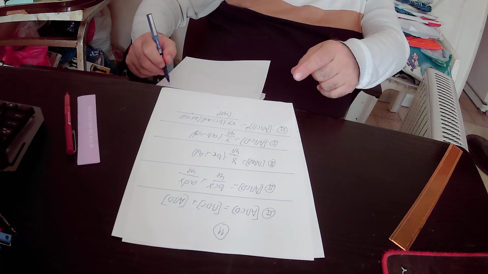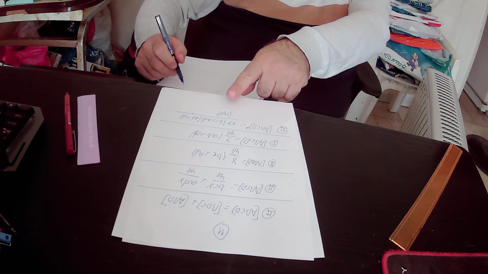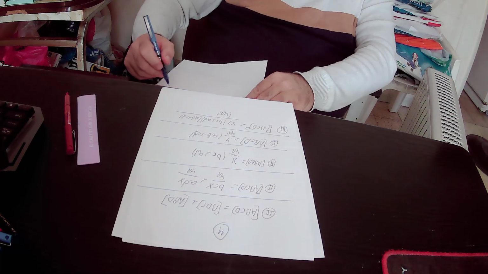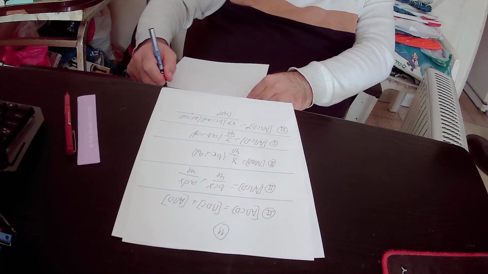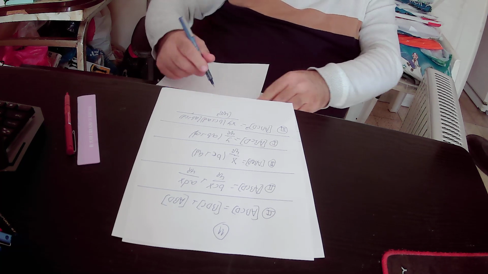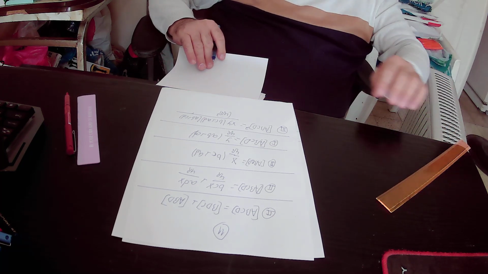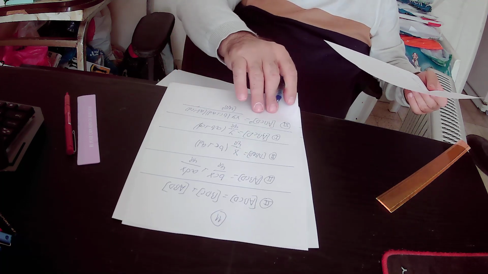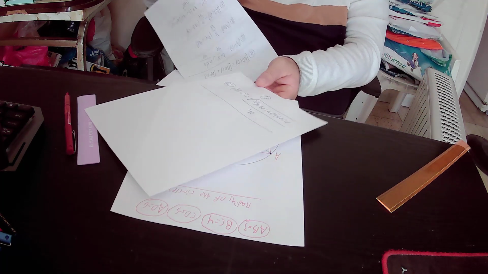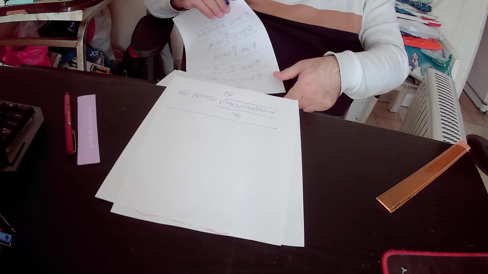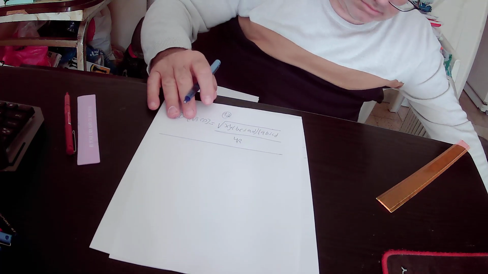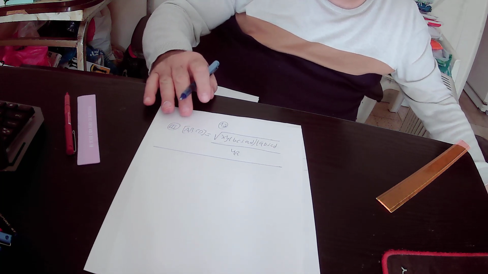Because the root cancels the square, and what is left is 4r. So we found out that the area of quadrilateral ABCD according to equation number 3 equals this expression.